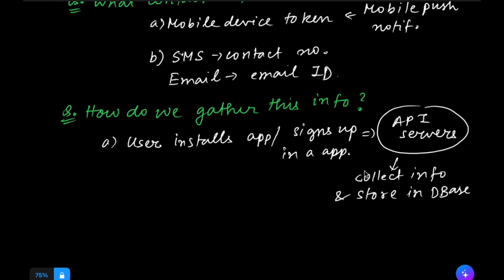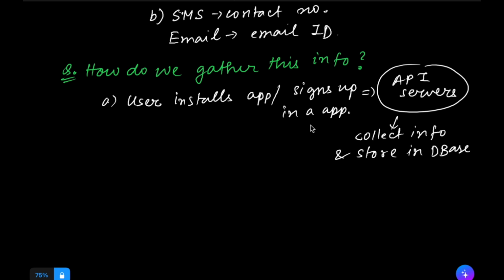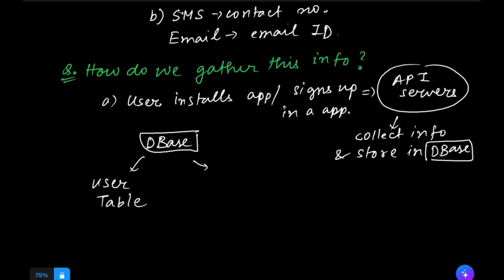It has been found that in the database we store this information in two different tables: one is the user table, another is the device table. Why is this so? A particular user has their own email ID and contact information, and that user can install the application on multiple devices.